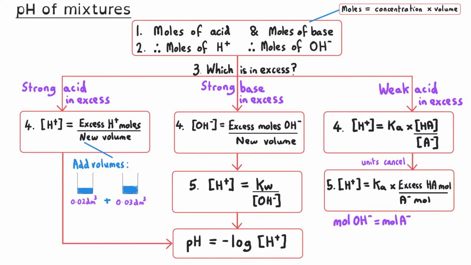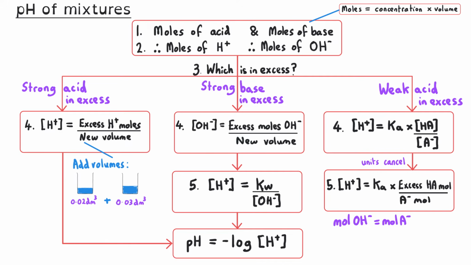Now the excess moles of acid, which we calculated at an earlier step, is easy to find. But the mistake that people often make is with the A- moles. And the way that we find out the moles of A- that have been produced is by looking at the moles of base that we used in the first place, or the moles of OH- more precisely that we used in the first place, because the moles of conjugate base that we produce is going to be equal to the moles of hydroxide used.